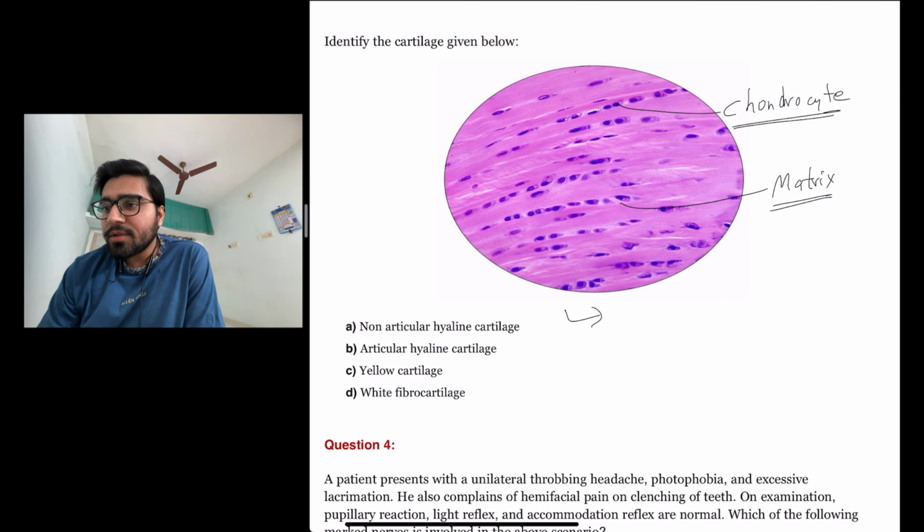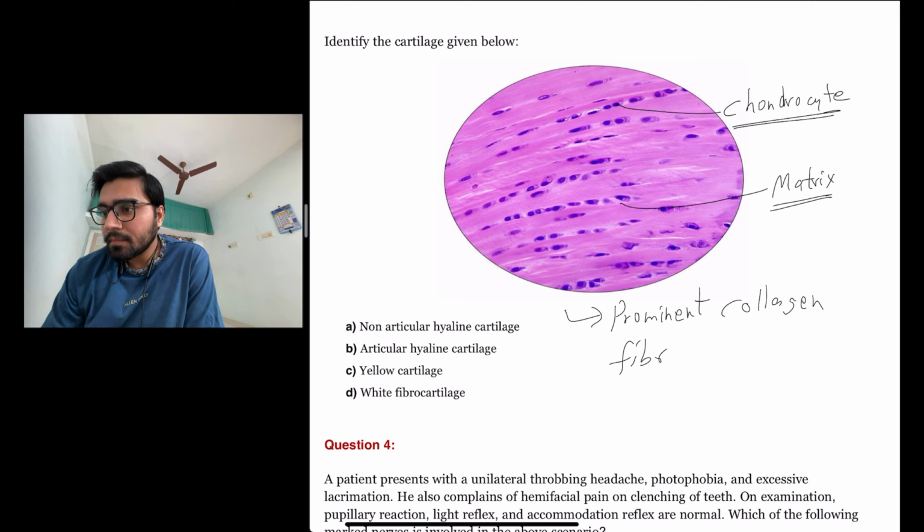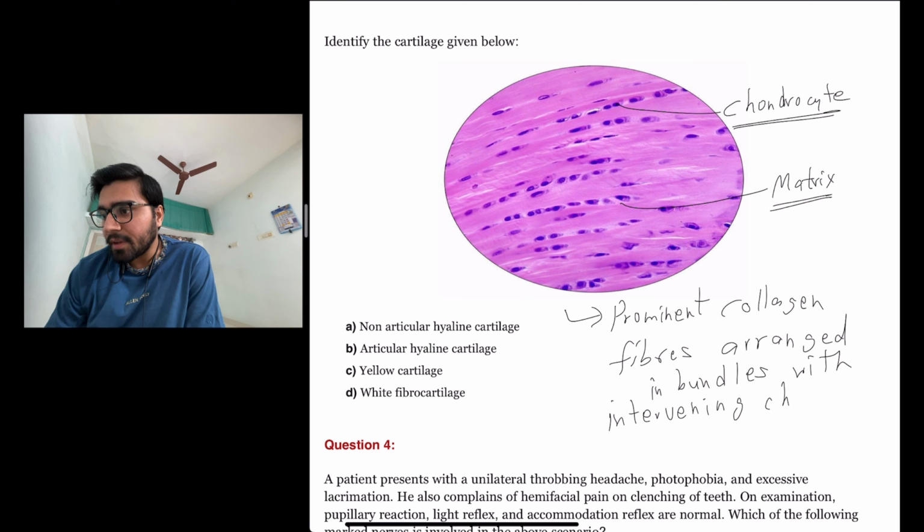So this is actually the prominent collagen fibers arranged in bundles with intervening chondrocytes.